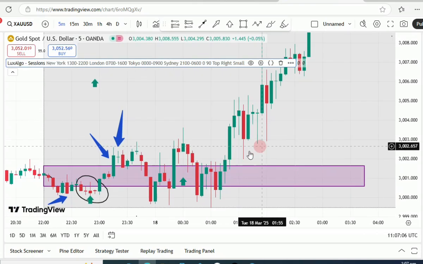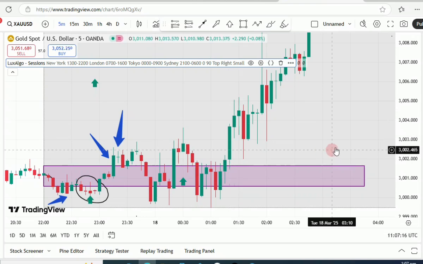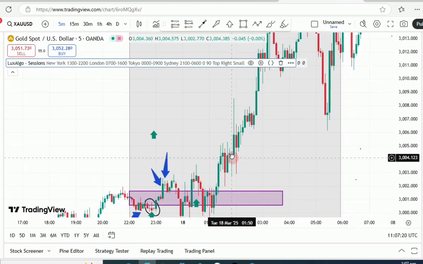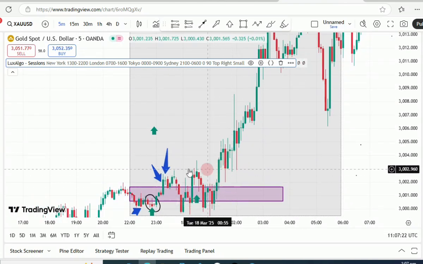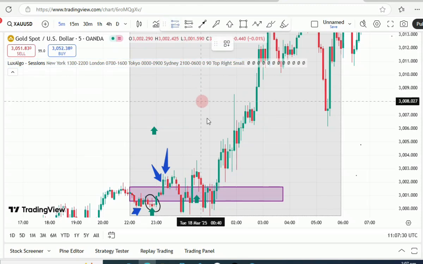Up until you can see now, we have a bullish candle breaking out, we have another bullish candle and another one. Now I can consider making my buy entry at this point. Why? Because now you can see we have just broken that last area where price has been stagnant and price is now going up, and you can consider making your buy entry.